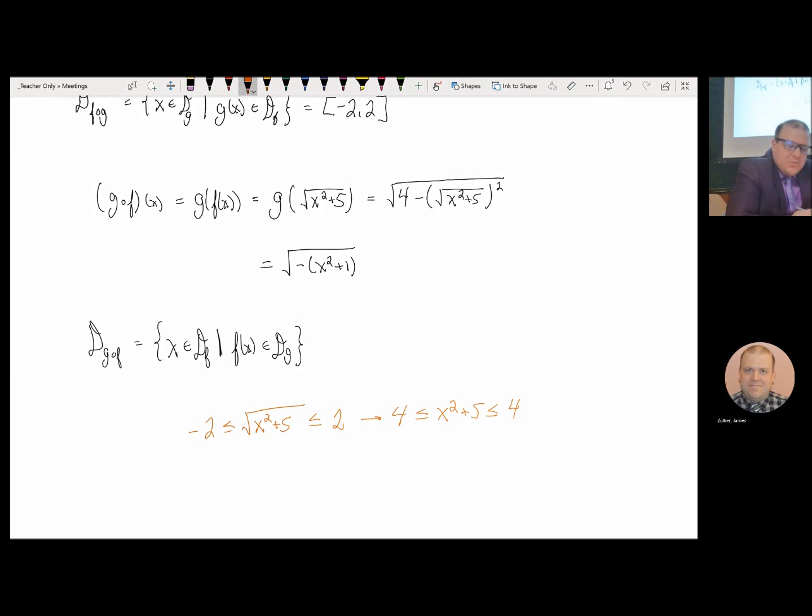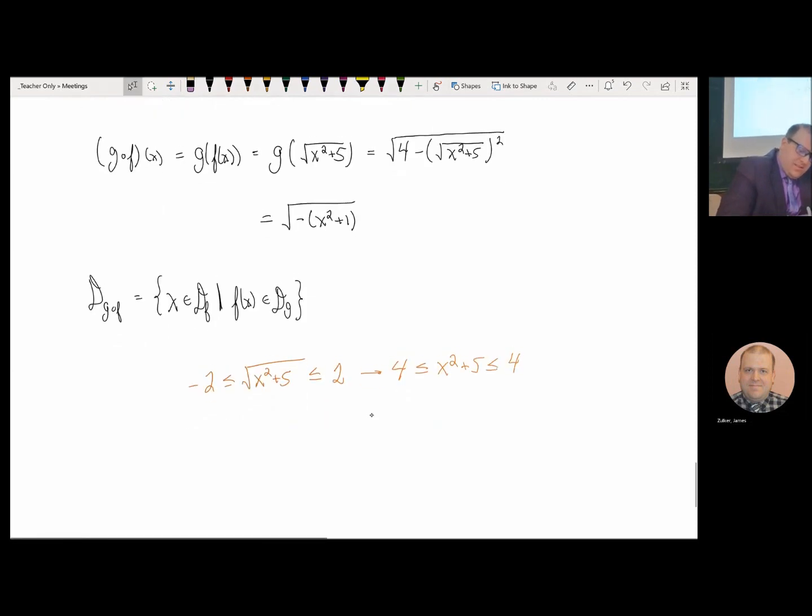That makes 4 less than or equal to x squared plus 5 less than or equal to 4 because you're squaring both sides. That actually means x squared plus 5 needs to equal 4. I mean, x squared would have to be -1, which is a contradiction.